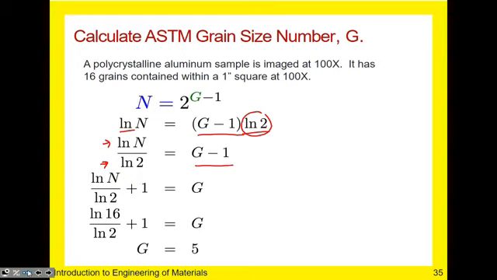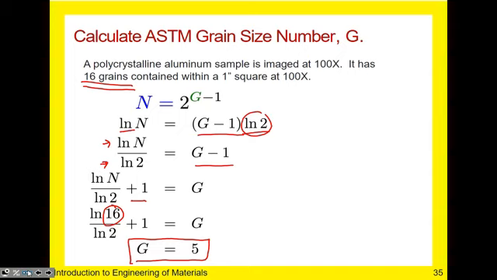And then if you move the 1 over, you see here, you've isolated the grain size number G. And then, of course, you can plug in the values. We know the number of grains is 16, and so we plug that in for n. And when we solve the equation, we get the grain size is 5. I'm sorry, the grain size number.